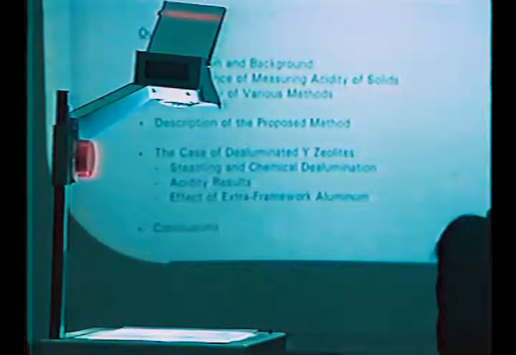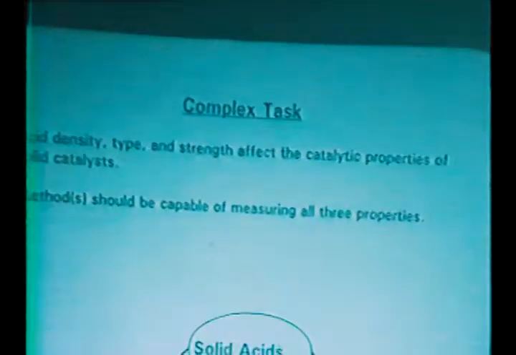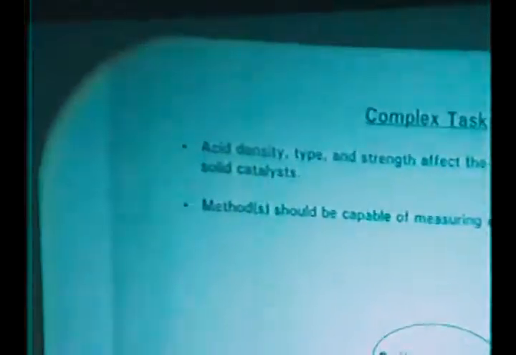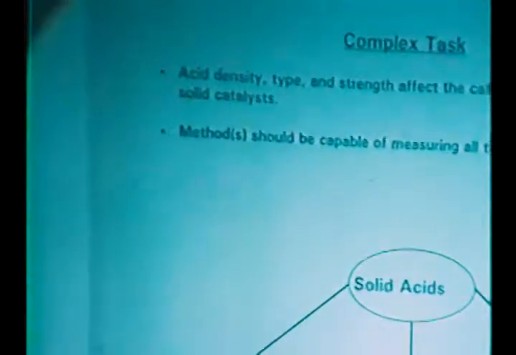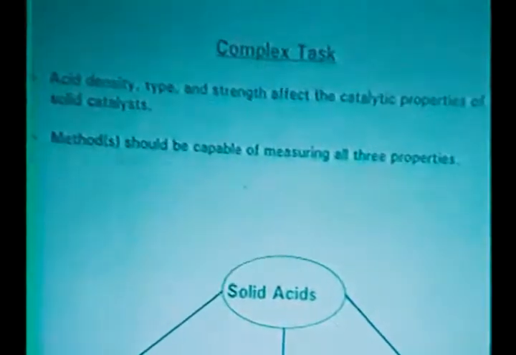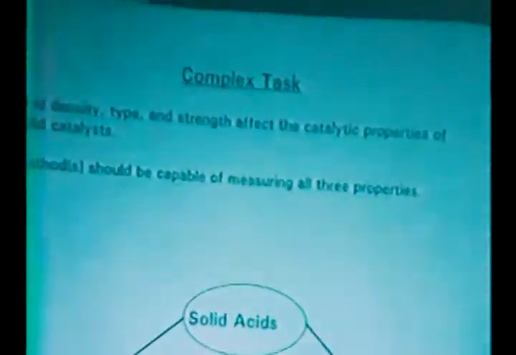that is a contribution required for you. But before that, I'd like to just make some general comments about acidity determination of solids in general and how complex a task it is and what is involved. It is a complex task because unlike liquid, where you can characterize acidity by giving one measure of strength, here it's more complicated because you have acid density, which can be expressed in terms of micromoles of acids per gram or per surface area.